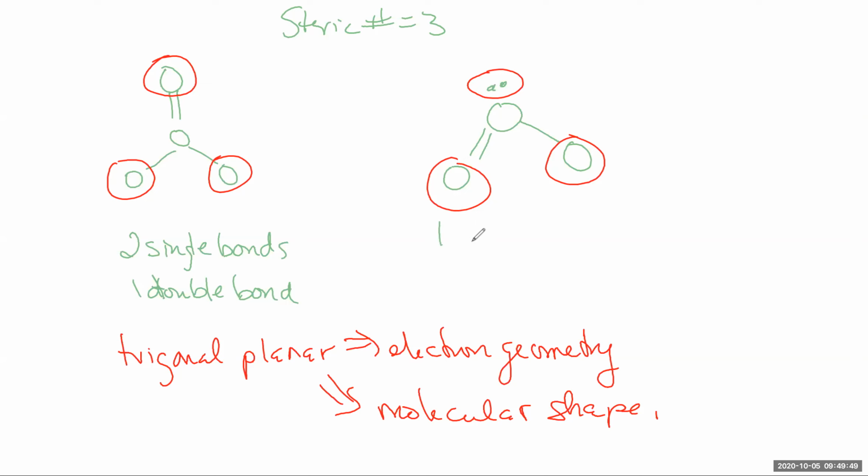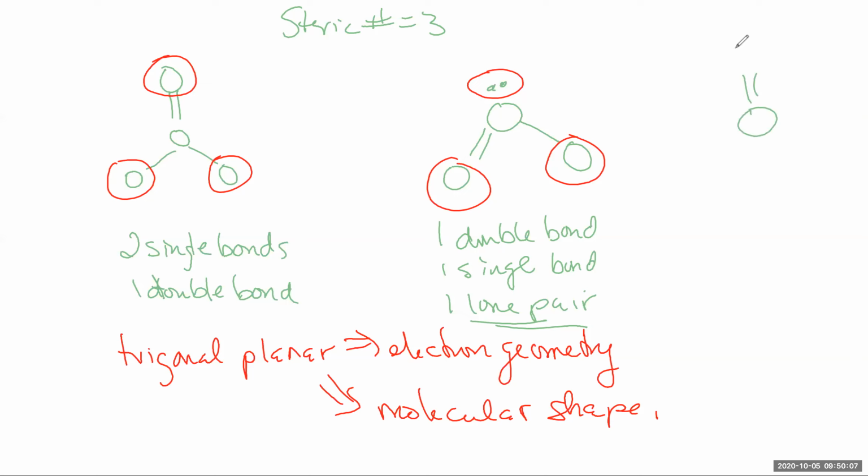I have 1 double bond, 1 single bond, and now I have 1 lone pair. Now this lone pair is tricky because the electrons are still going to go to this trigonal planar geometry. So it's still going to look like this. I'm just going to put my electrons out here kind of in a weird way. I'm just going to show that as electrons, but I'd have an atom here and I'd have an atom here.